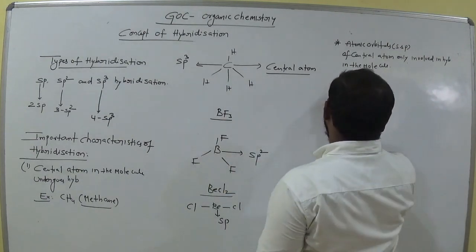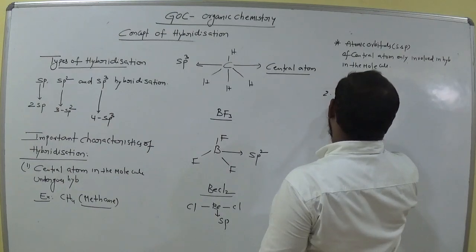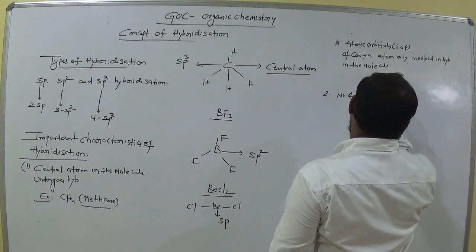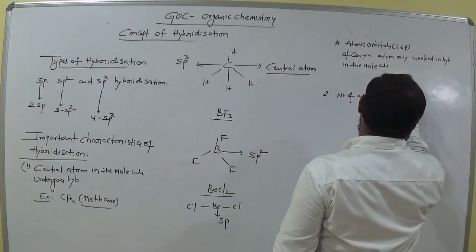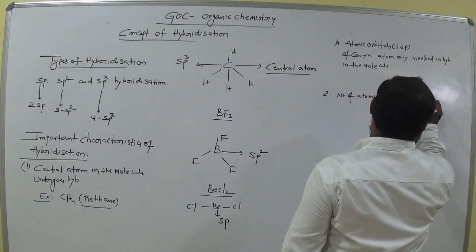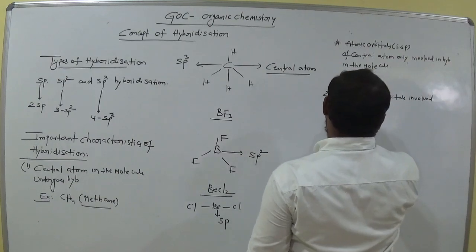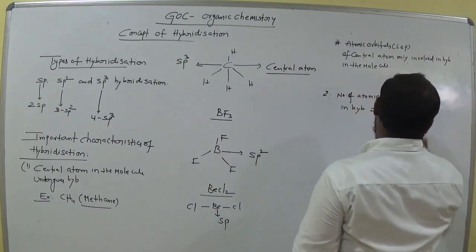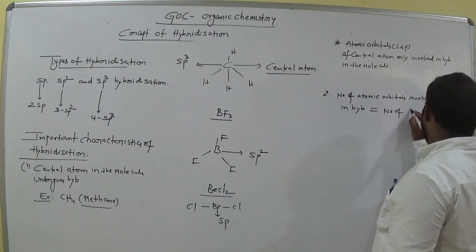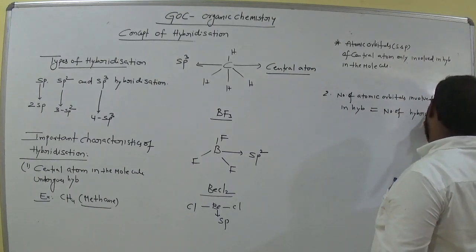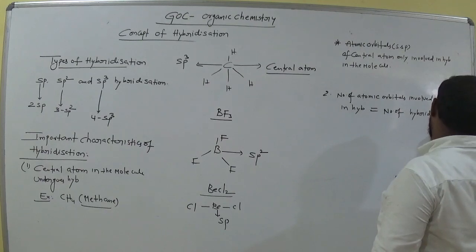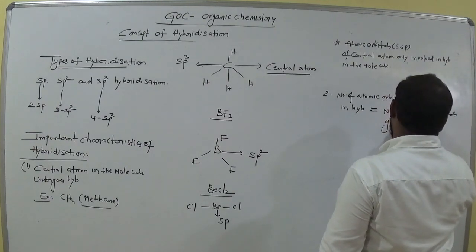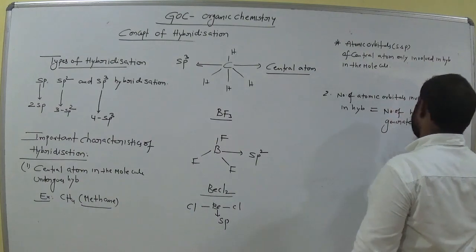Okay. And the number of atomic orbitals involved in hybridization equals the number of hybrid orbitals generated.